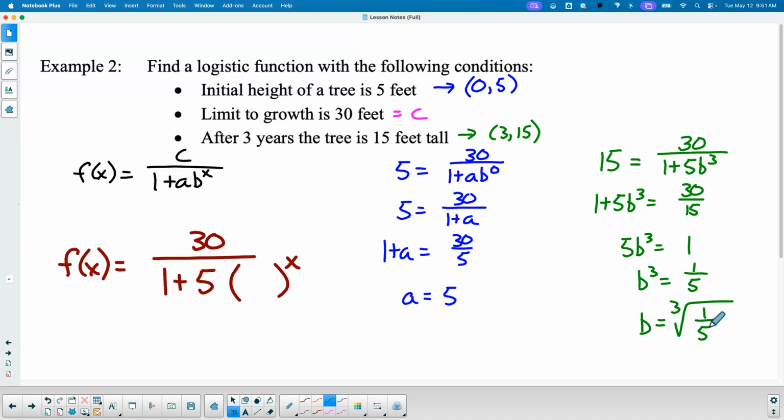I get an a value of 5 and a b value of the cube root of 1/5. Questions, comments, concerns, clarifications?